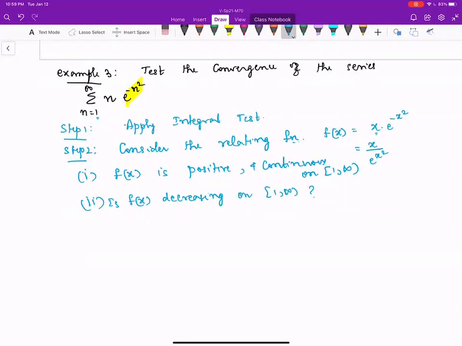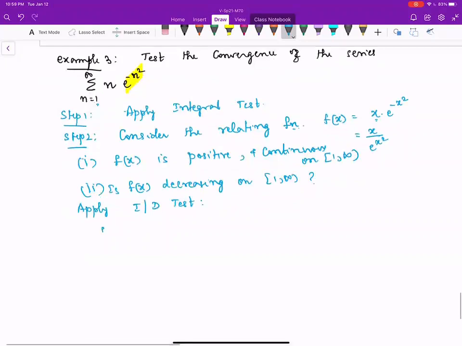For that, we have to apply the derivative test, or you can call it the increasing, decreasing test by the derivative. So let's find the derivative, f prime of x. For this one, we are going to apply the quotient rule.